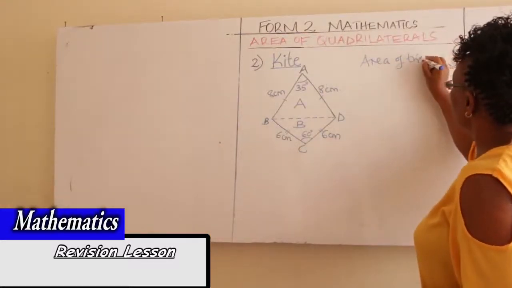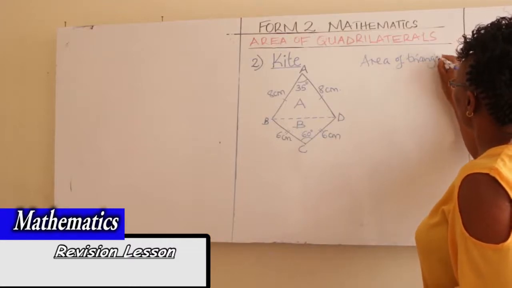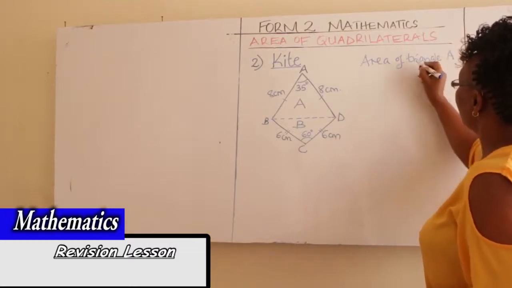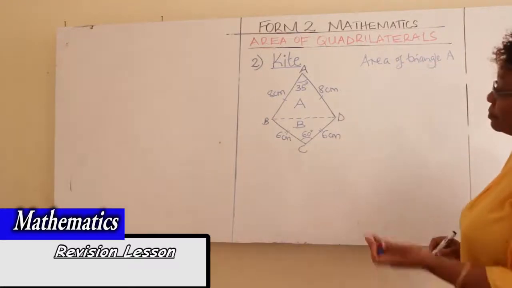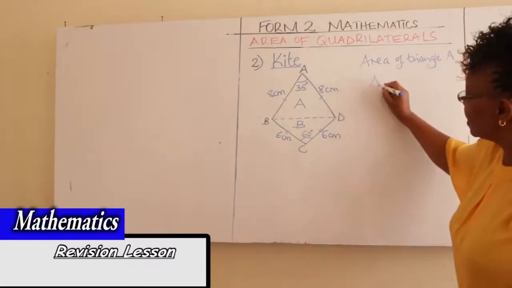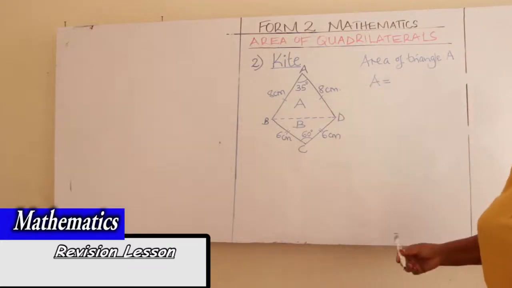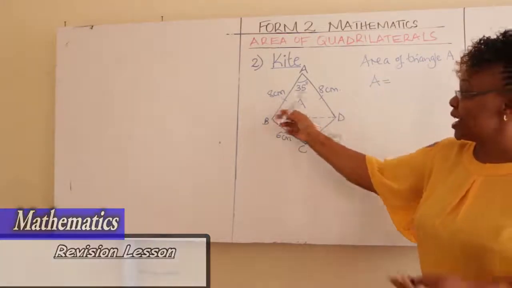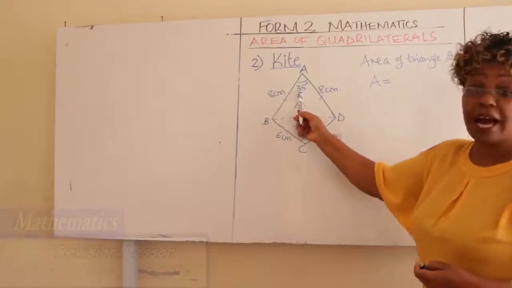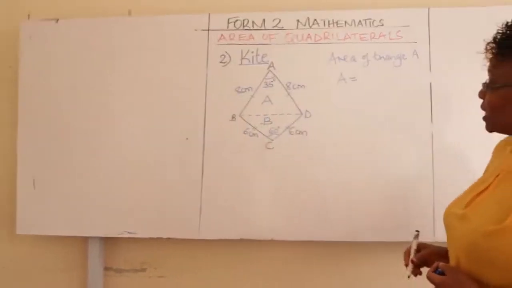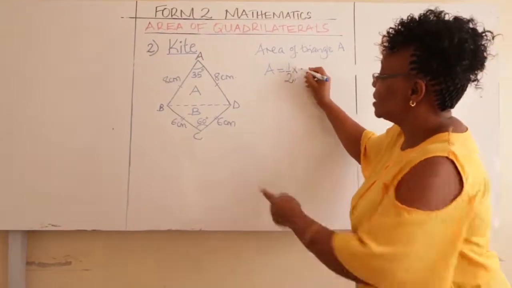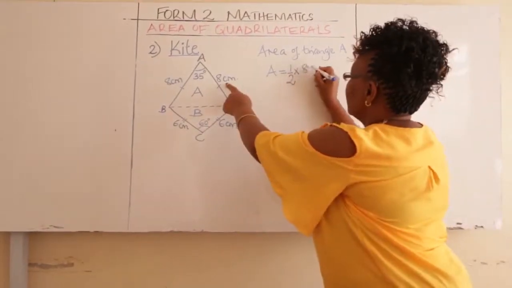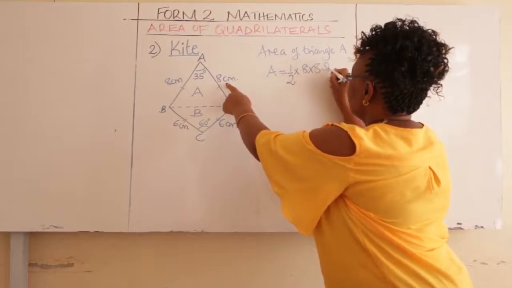Let us find area of triangle A. You can see we are given 2 sides and an included angle. And therefore you use the formula a half times 8 times 8 sine 35.